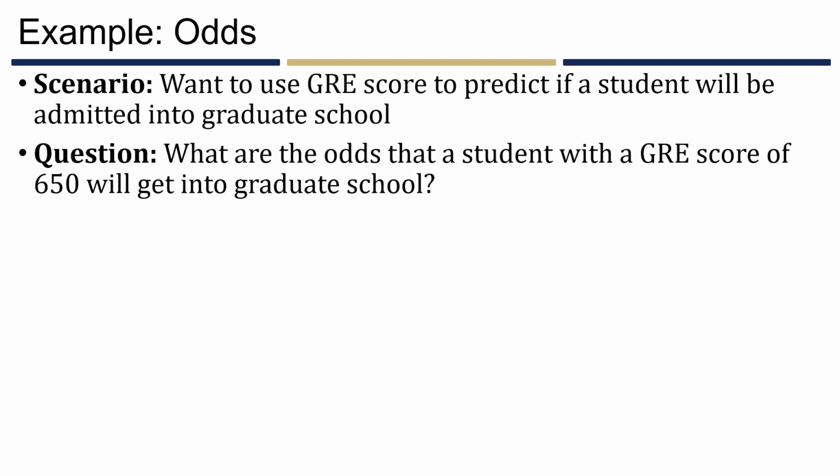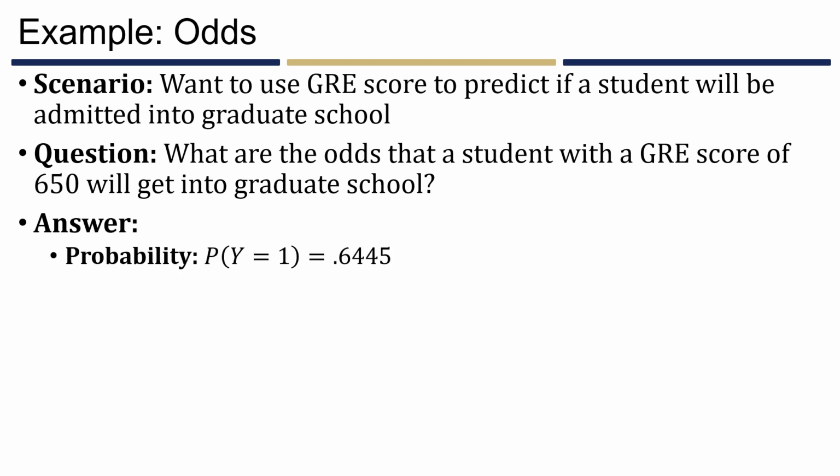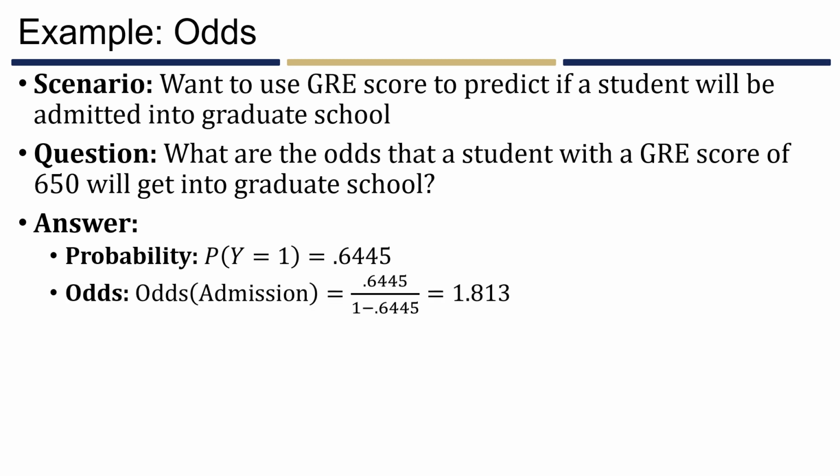So let's first consider the odds for our student who has a GRE score of 650. We want the odds that this student will get into graduate school. Now, we already calculated that the probability that this student gets admitted into graduate school is 0.6445. The odds of admission are going to be the probability of admission, 0.6445, divided by the probability of being rejected, 1 minus 0.6445.